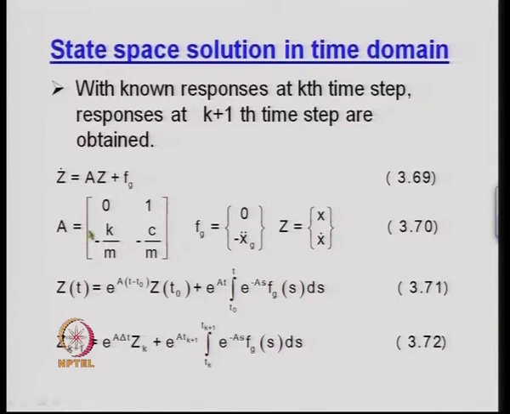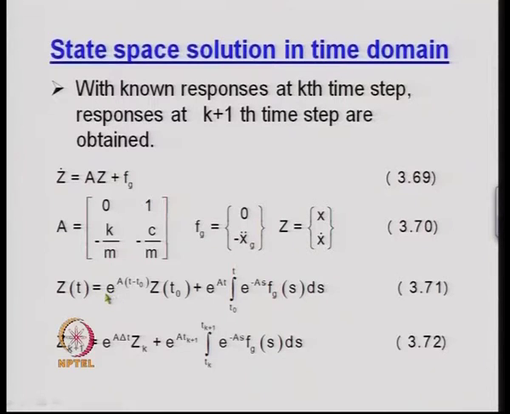Now, if you solve this equation in time, then the solution turns out to be this: Z t can be obtained provided we know the response at time t0.